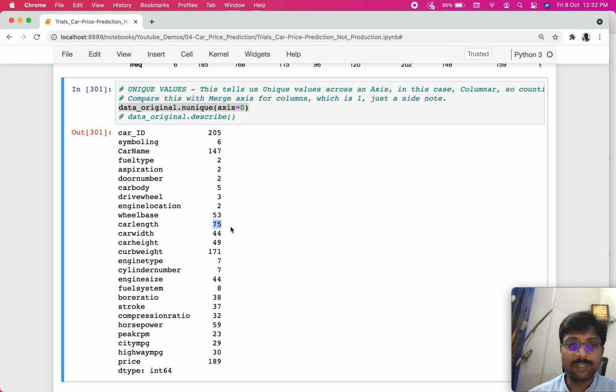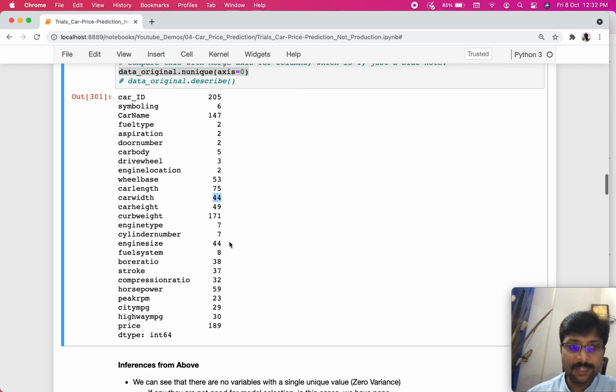It's meaningful that different models have different lengths, with some unique and some common values, but at the same time this is much less than 205. That indicates there is a repetition of car length, and similarly there is more repetition of car width.